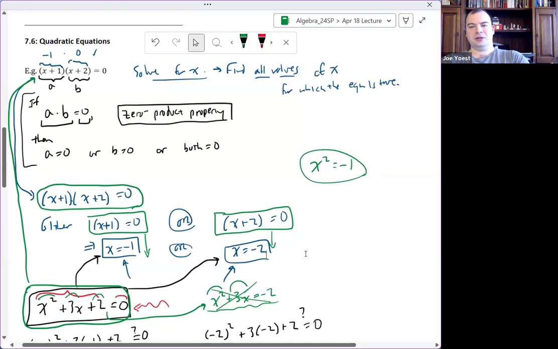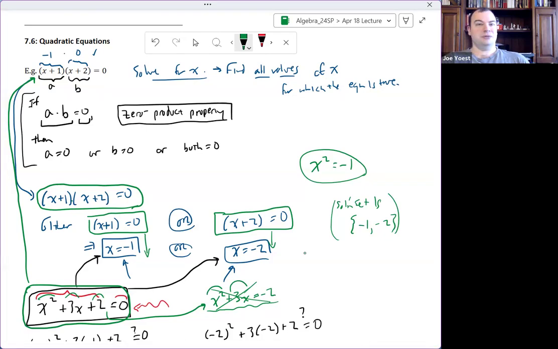Or if I wanted to be really pedantic about things, I might say something like the solution set is -1, -2. In my opinion, I don't use solution set notation. Some folks make a big deal about it and some folks use it.